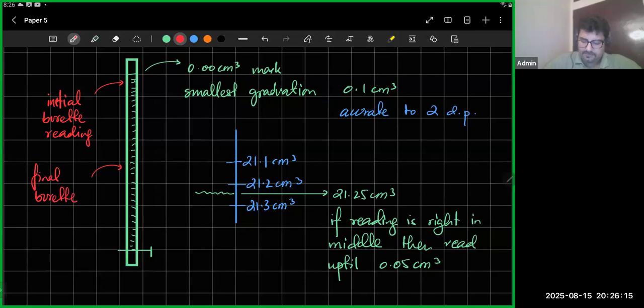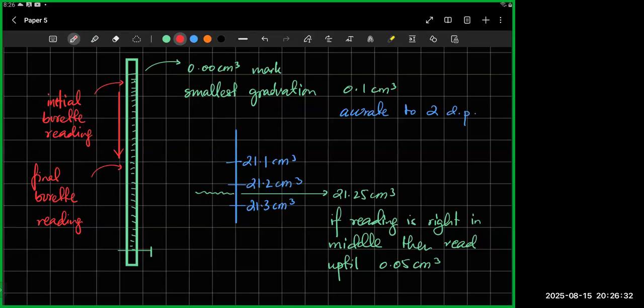And similarly, there's a final burette reading. As you pour out, the level decreases. Okay, give me 1 second.